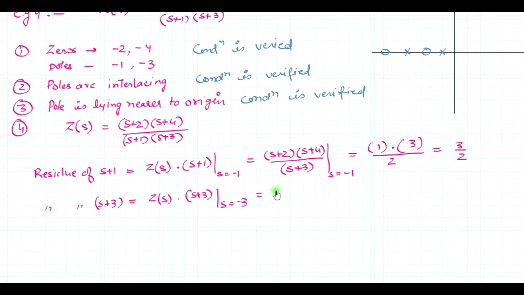I will get (s plus 2) into (s plus 4) whole divided by (s plus 1), and I will substitute s equal to minus 3 in this expression. This will be equal to 1, which is again positive. Hence the residues of s plus 1 and s plus 3 are positive, and the condition 4 is also verified.